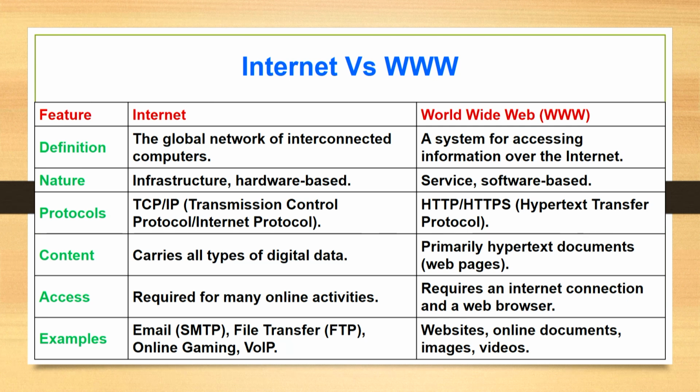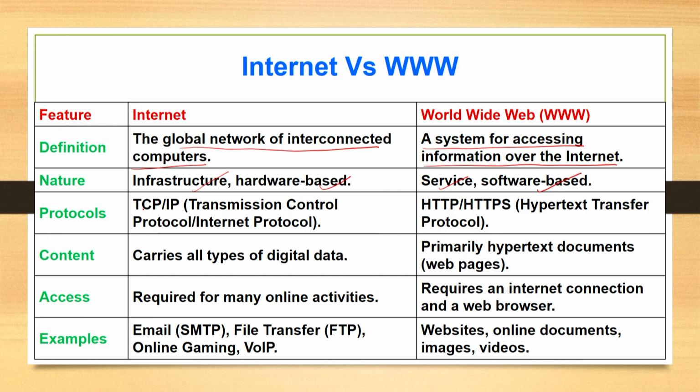So, what is the difference between internet and www? By definition, internet is a global network of interconnected computers, whereas www is a system for accessing information over the internet. Nature wise, internet is infrastructure, hardware based, whereas World Wide Web provides service and is software based.